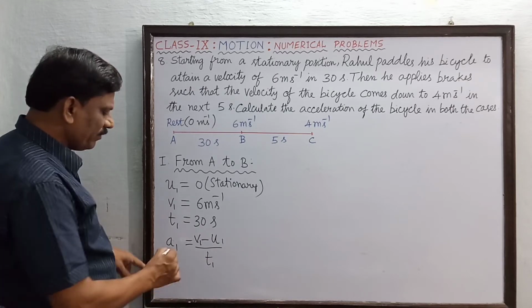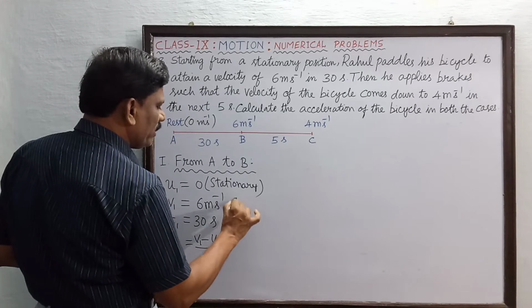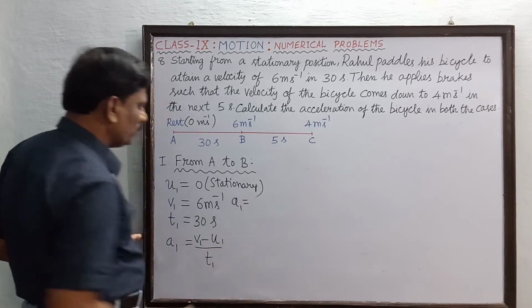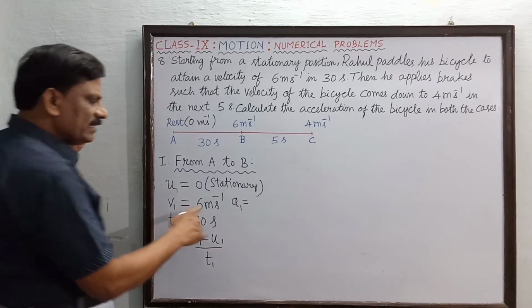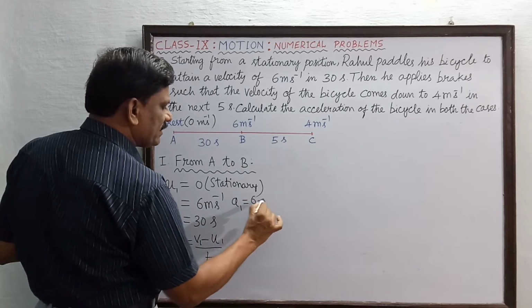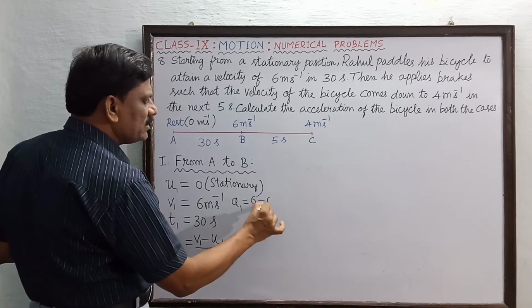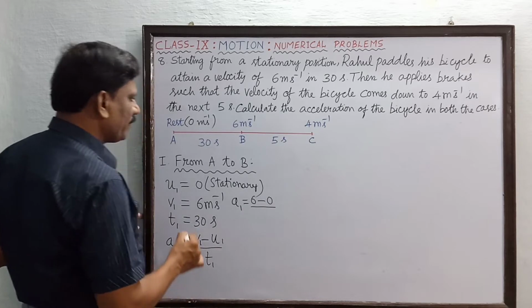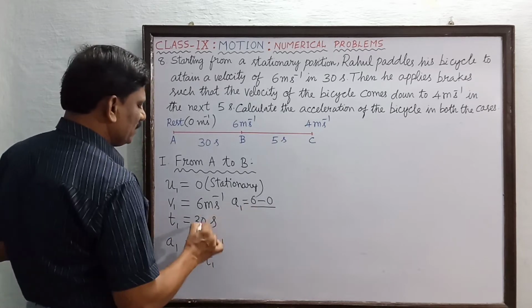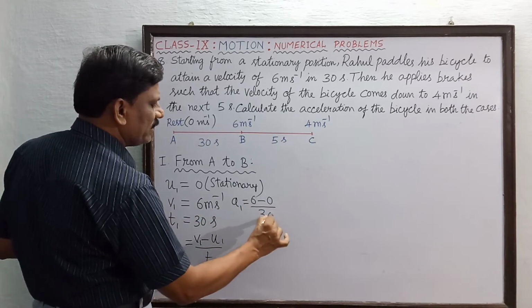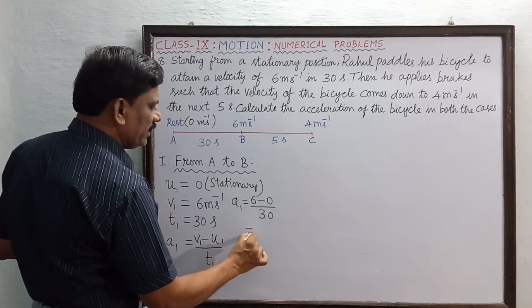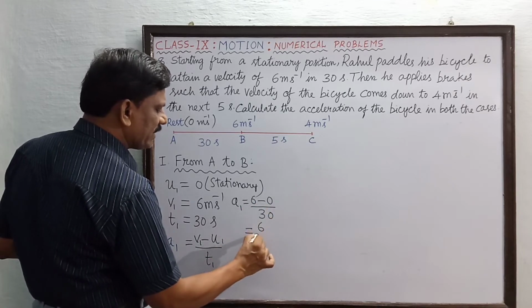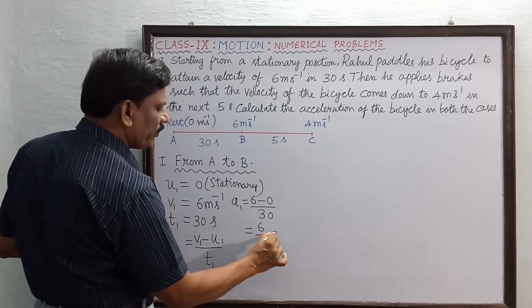Okay, so I am going to substitute. Therefore a1 is now equal to v1, which is 6, minus u1, which is 0, divided by the time t1, which is 30 seconds. So this is equal to (6 minus 0) by 30, that is 6 by 30.